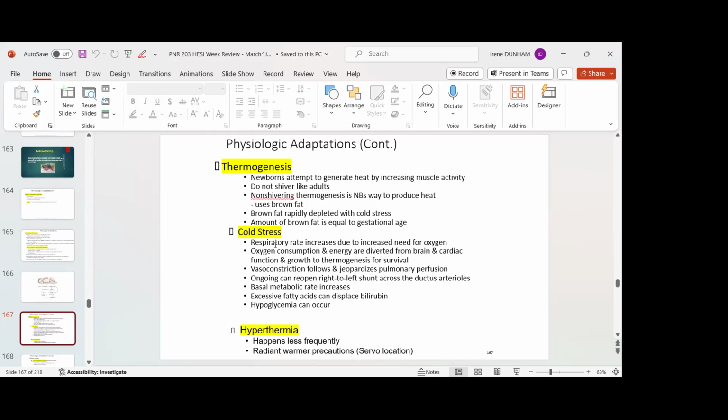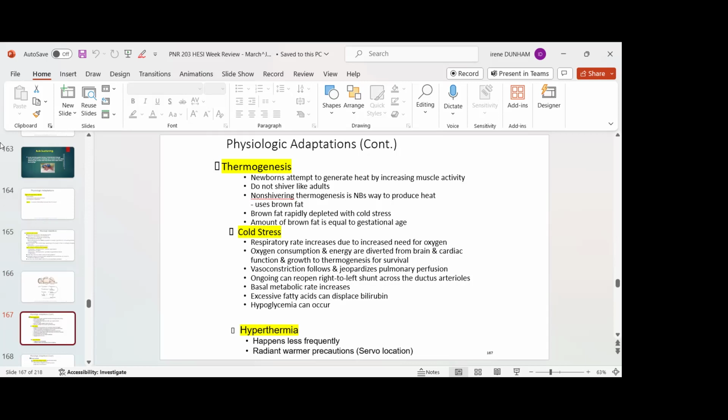With cold stress, the respiratory rate will increase, because again, increased need for oxygen. Then the oxygen consumption and energy are diverted from the brain and the cardiac function, because they're trying to survive. And then again, you can jeopardize your pulmonary perfusion because of the ongoing vasoconstriction.